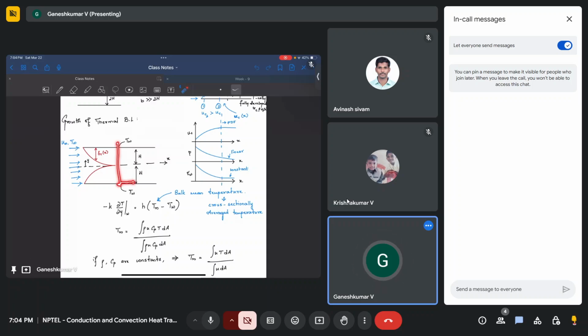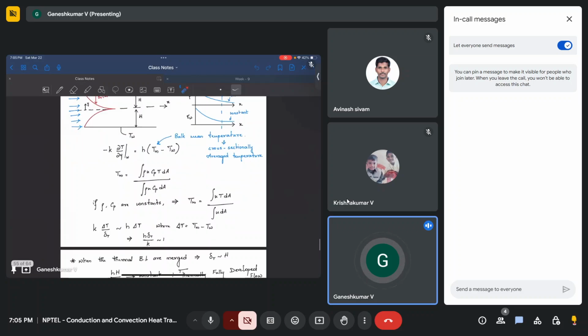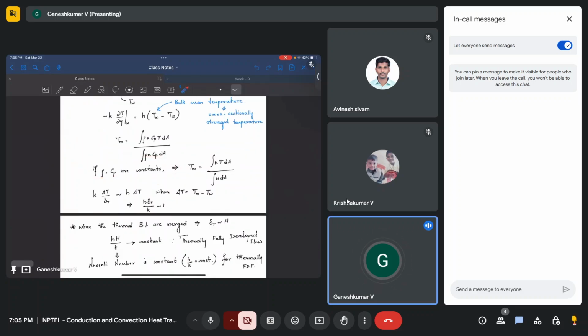Initially it will be T wall, and based on whether the temperature of the fluid is higher or lower, in this case it's higher, you will have a temperature profile something like this. Since it is continuously varying across the cross section, we can have an averaged cross-sectional temperature, and that is what the bulk mean temperature is. If rho and Cp are constant, then your definition simplifies further, which is what we are going to deal with for this course at least.